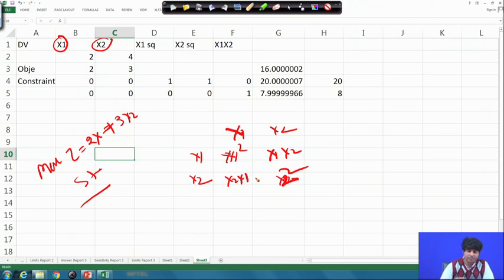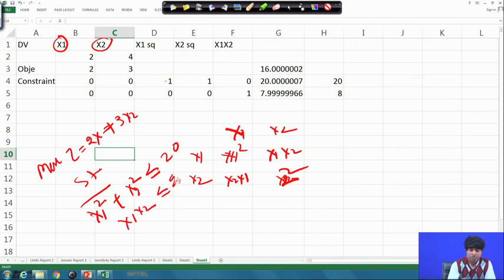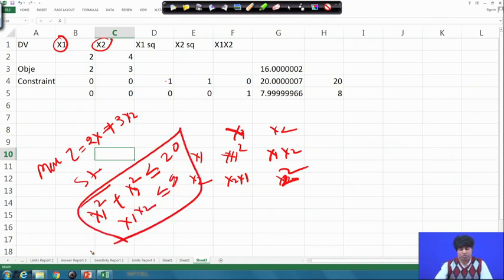The first constraint is with respect to x1 squared, that means 1 into x1 squared, plus 1 into x2 squared, less than or equal to 20, and the second one is x1x2 less than or equal to 8. Both constraints are inequality type. Now, having the objective function and these two constraints, we look for the optimal solution.